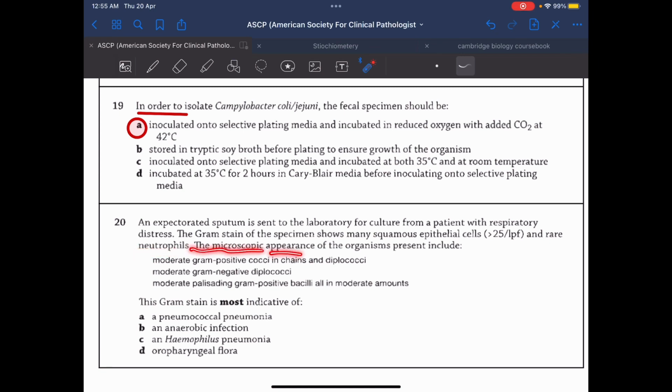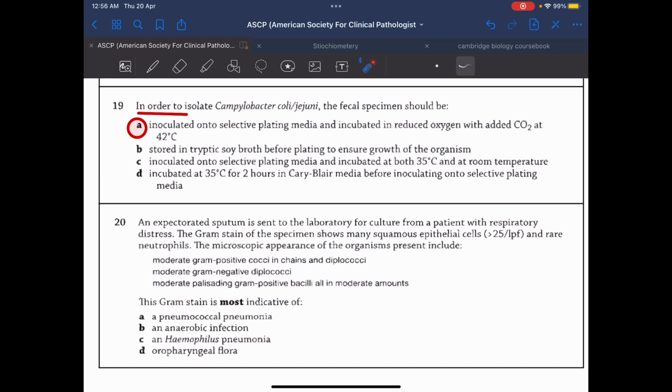The microscopic appearance of the organisms present includes moderate gram-positive cocci in chains and diplococci, moderate gram-negative diplococci, and moderate pleomorphic gram-positive bacilli. This gram stain is most indicative of pneumococcal pneumonia, an anaerobic infection, Haemophilus pneumonia, or oropharyngeal flora.